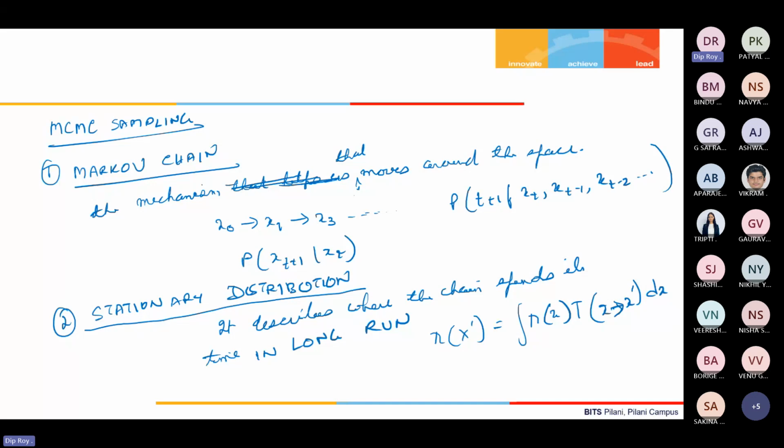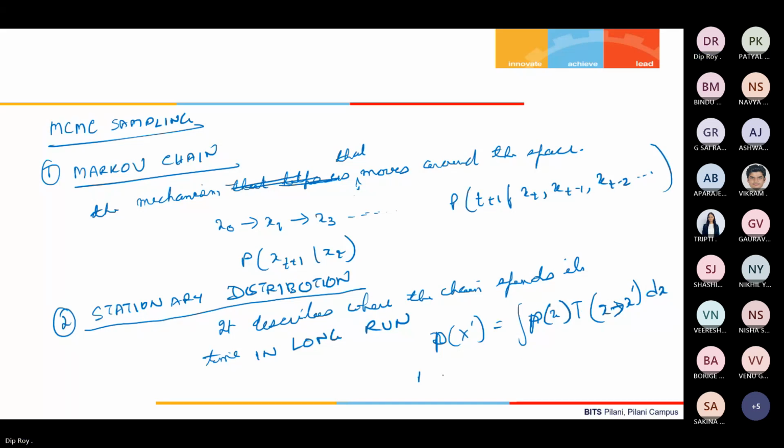And why do we want to reach a stationary distribution? The reason is that if we reach a stationary distribution, and this pi is nothing but this probability, just to remove the confusion, I'm putting it as probability.